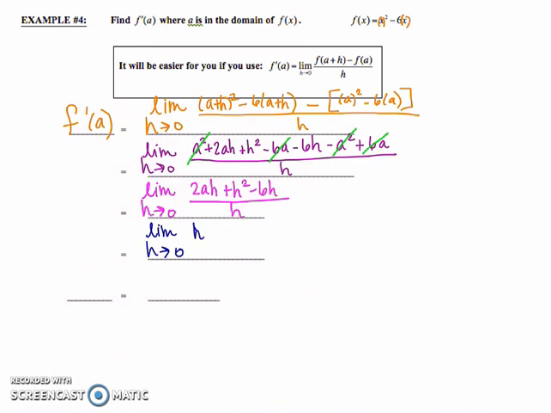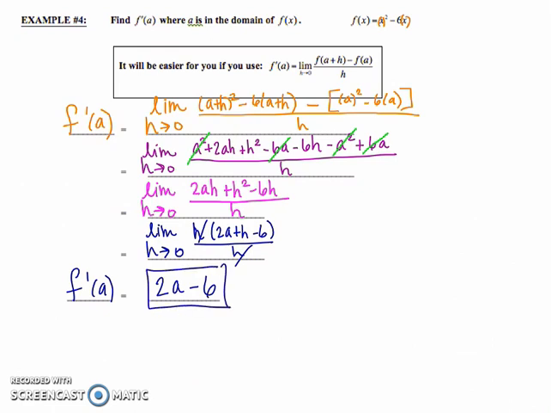So when we factor out the h, we get 2a plus h minus 6 over h. And now we can cross those h's out, right? So then our f prime of a is going to be equal to, as h approaches 0, 2a minus 6. Because when we plug in 0 for h, that plus h just disappears. So that is our derivative. That's f prime of a.